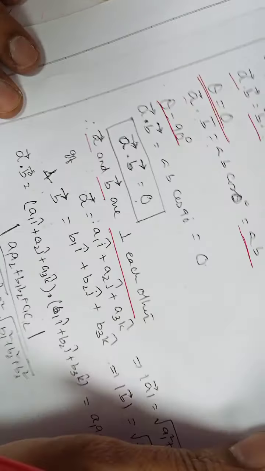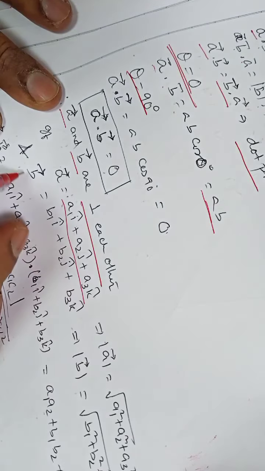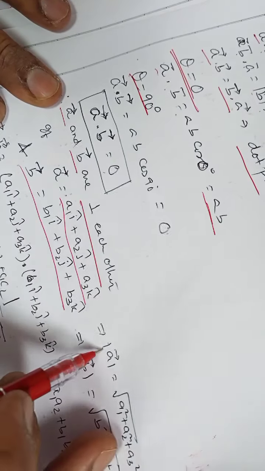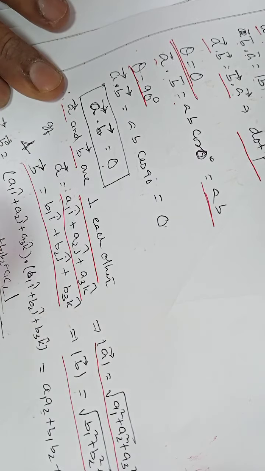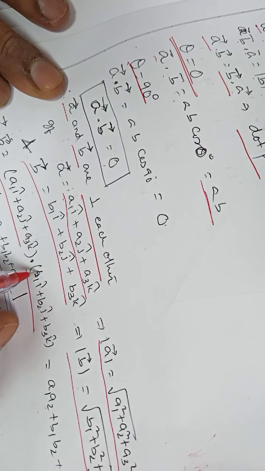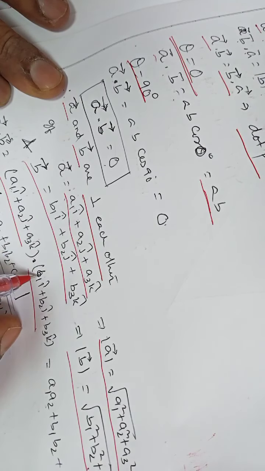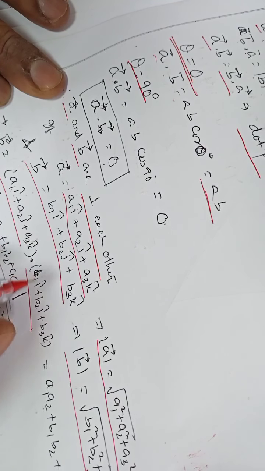Now I am writing in the component form. If a is this and b is this, then modulus of a is this, modulus of b is this, and a dot b comes as a1 i cap into b1 i cap, which is a1 b1 times i cap dot i cap. I cap dot i cap is i cap square, that is 1.